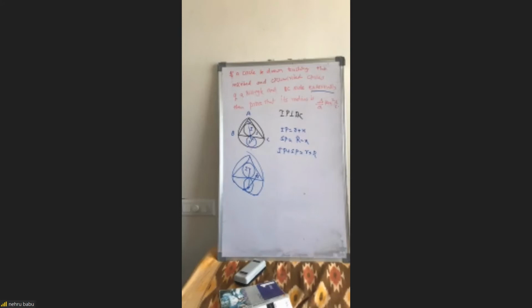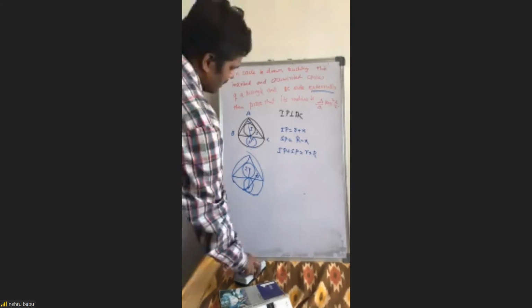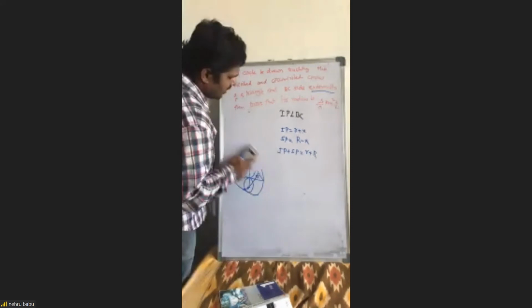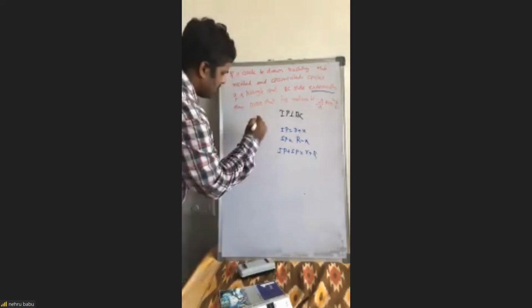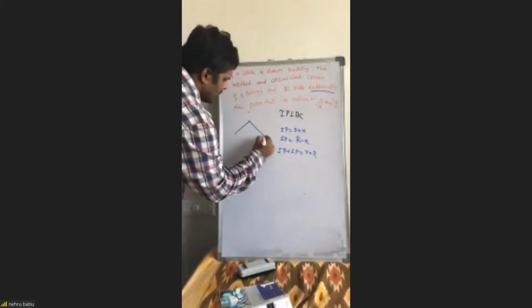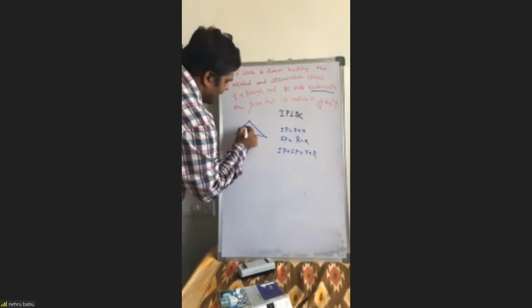If the circle doesn't touch at that point, it can't touch anywhere else on BC, no, sir. Say once again what you are saying. Sir, if it does not touch where BC touches the incircle, surely only that point will come.